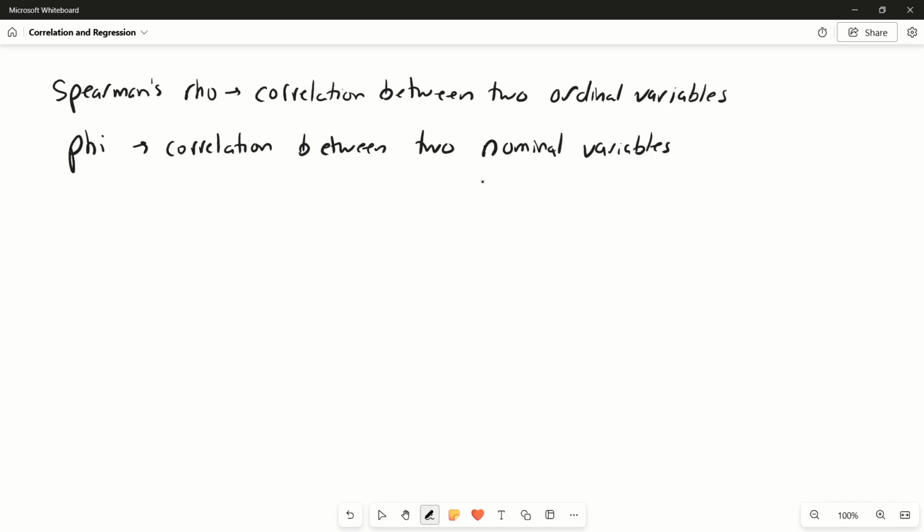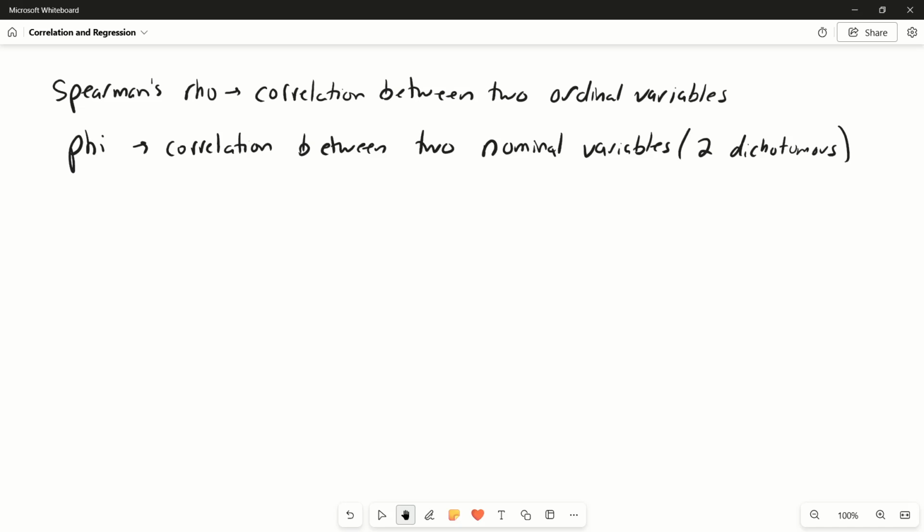Although I wouldn't want to use ethnicity here, because phi should technically be for two dichotomous variables. Dichotomous means that there are two values for each variable. It's basically binomial, right? Heads or tails. So you could look at two dichotomous variables, like wins and losses could be one.